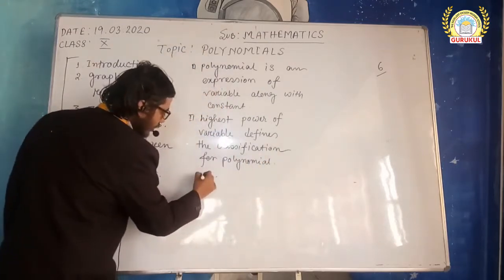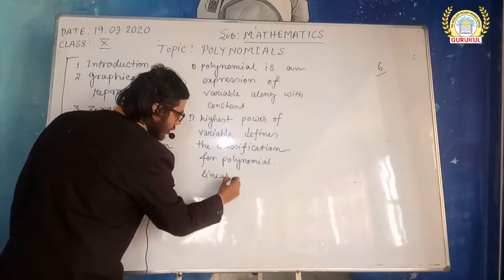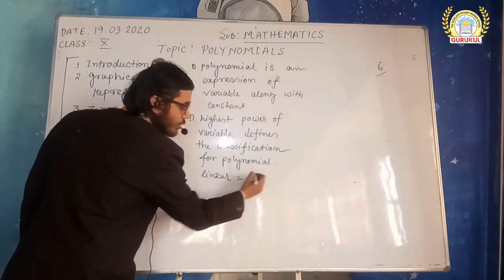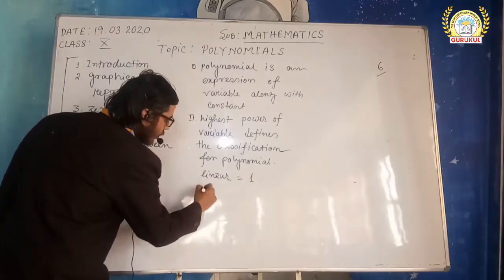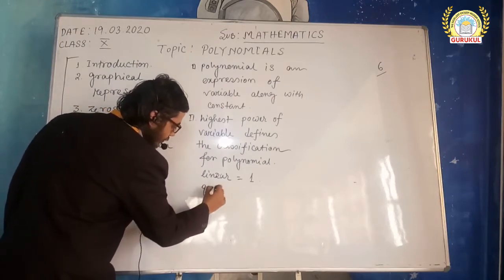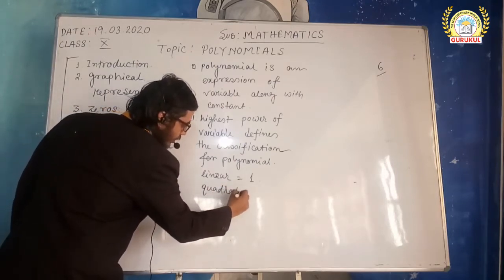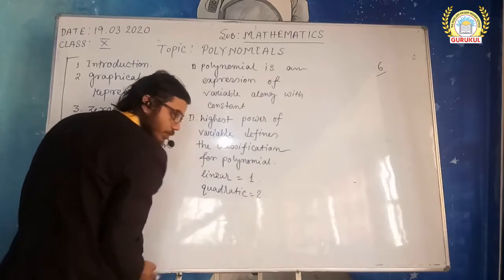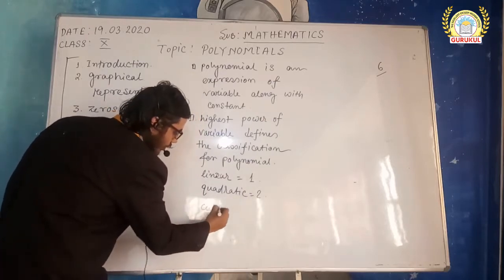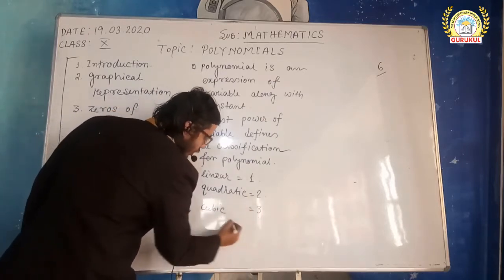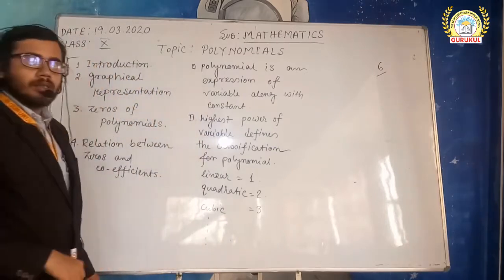Example, linear, highest power is equal to 1, then quadratic, highest power is equal to 2, cubic, highest power is equal to 3, and so on.